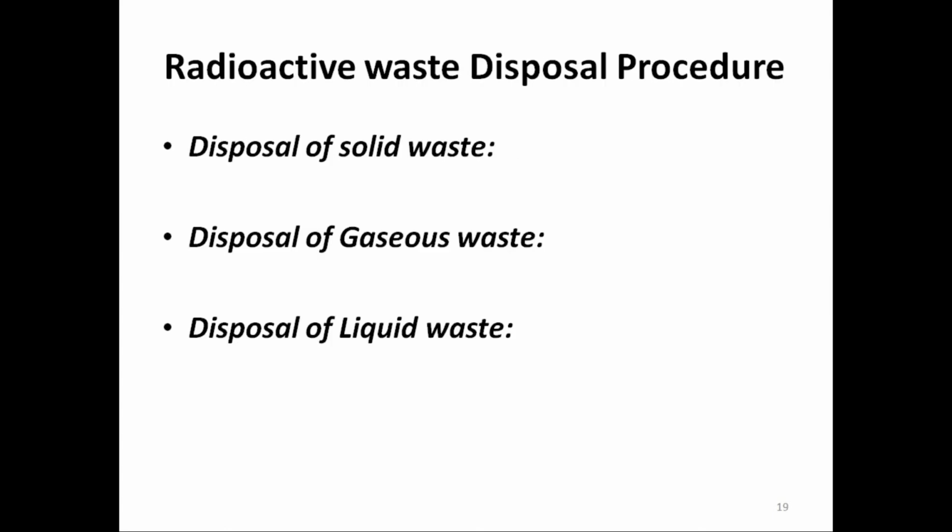Radioactive waste disposal procedure. Disposal procedures are followed depending on the physical state of the waste. For solid waste, initially it is reduced or concentrated by compaction. Further, its treatment is done based on the level of activity.